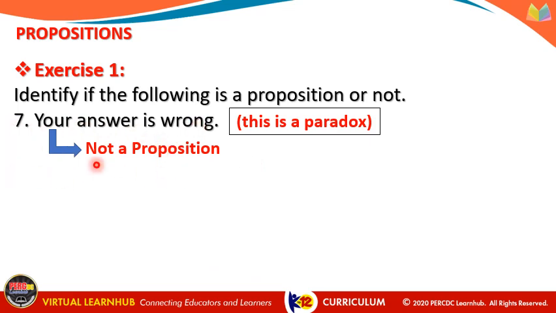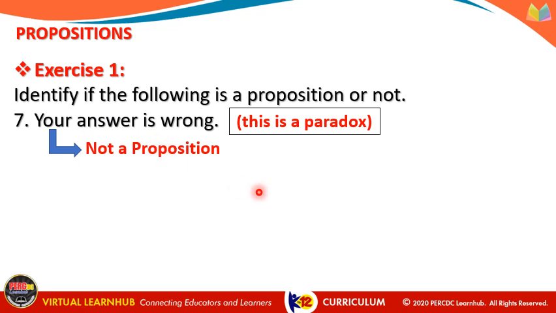What if you say that this statement is true? If this is true, then you are saying that the answer is false, that the answer is wrong. Now, if you assume that the statement is false, then this means that the answer is correct, since this is false.